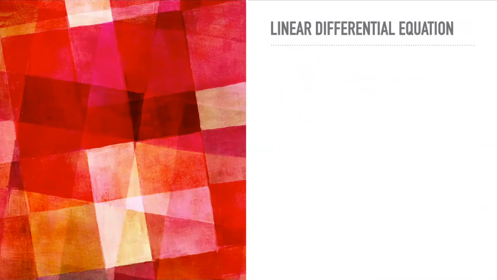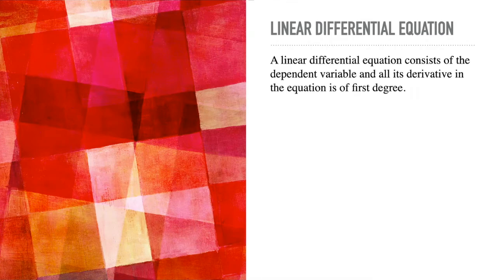Now, linear differential equation. How do we know a function is linear? It's based on the format for the first order, the second order, the third order. A linear differential equation consists of the dependent variable and all its derivatives in the equation, and it's of the first degree.